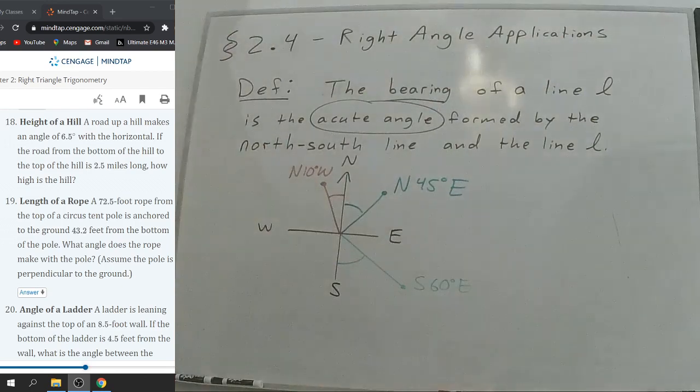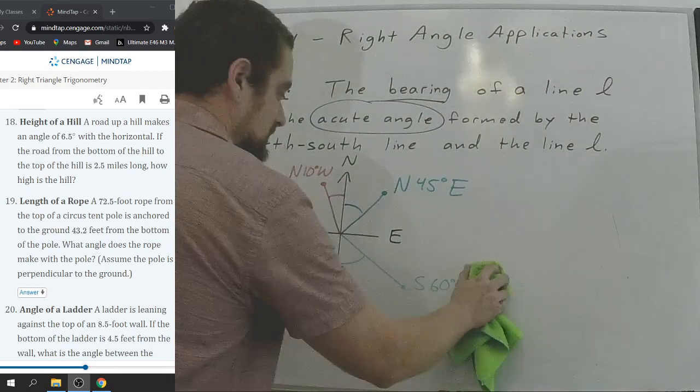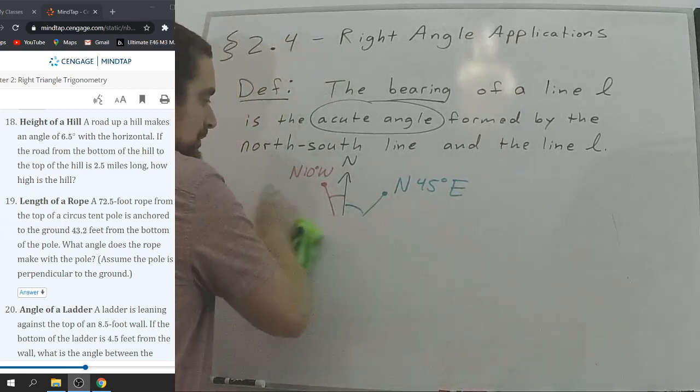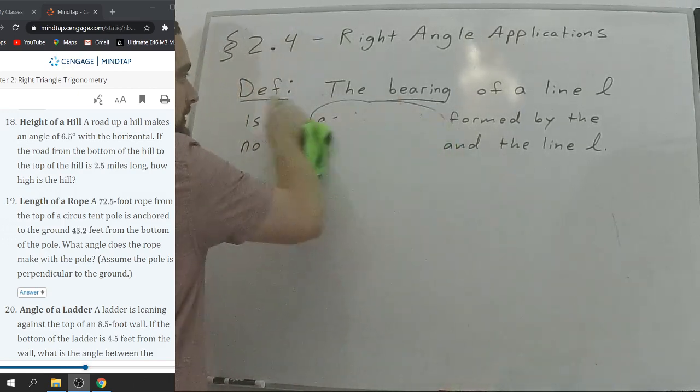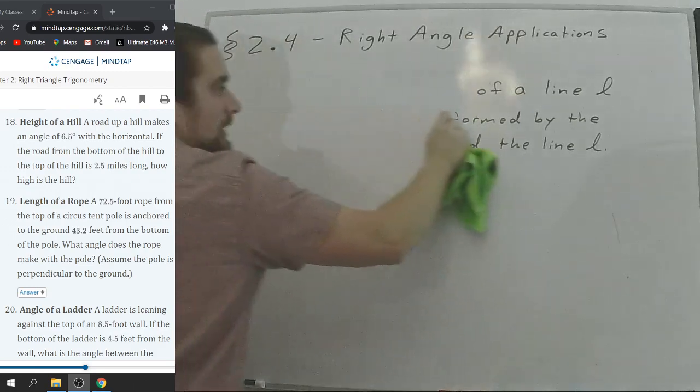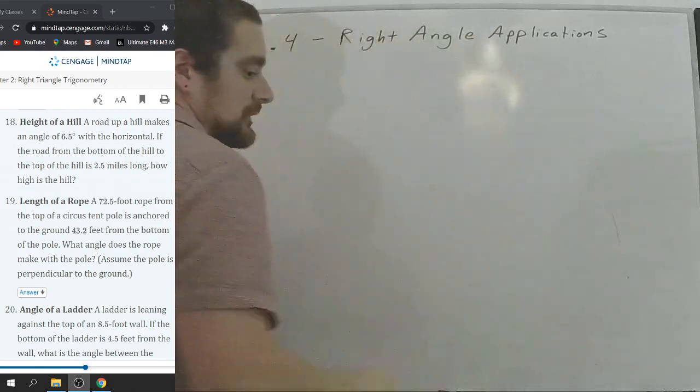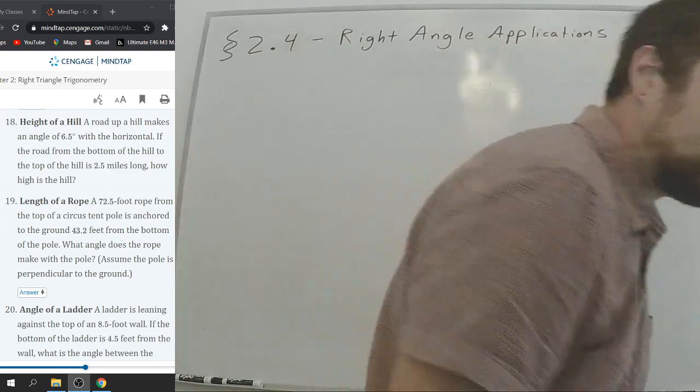So the first one that I have pulled up is a nice introduction to looking at an application where we would have a right angle involved, and we can solve based on a little bit of trig functions.